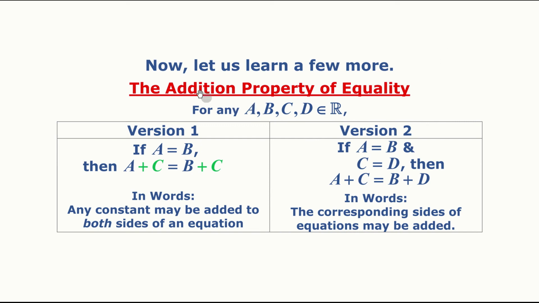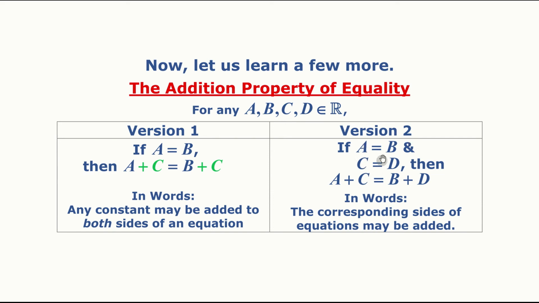The first one is the addition property, which says if a equals b, then a plus c equals b plus c, and that's for any a, b, c, or d belonging to R. And the fact of the matter is that any constant may be added to both sides of an equation. That's exactly what we're saying here. There's a second version of that.